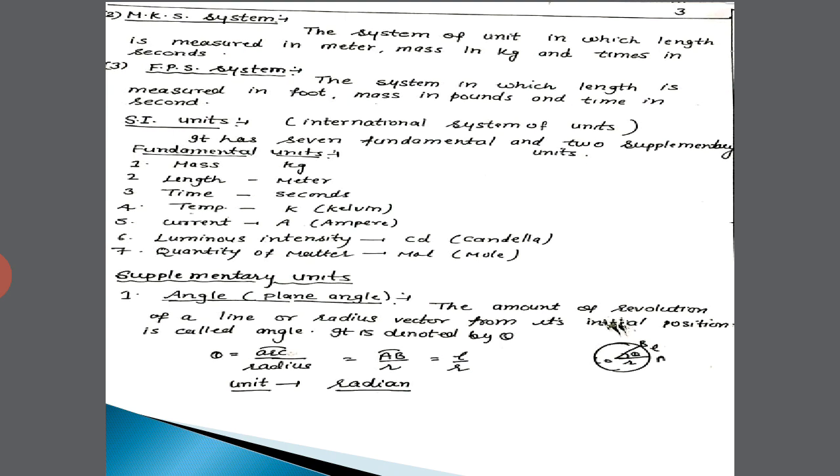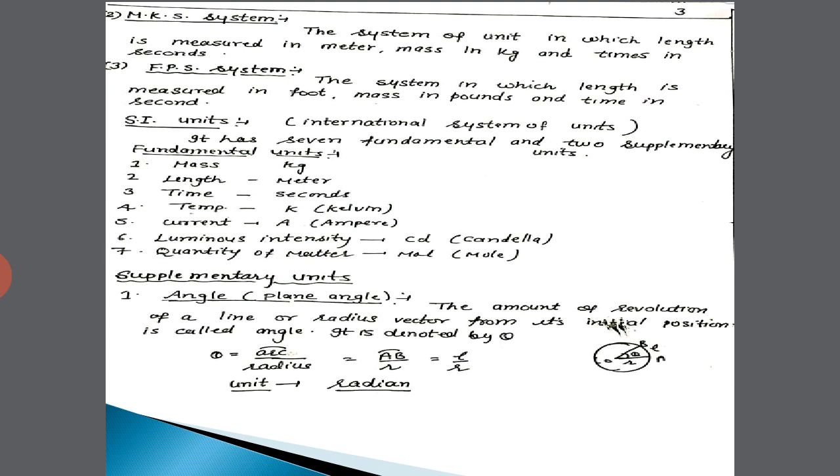Fundamental units: mass, kilogram; length, meter; time, second; temperature, Kelvin; current, ampere; luminous intensity, candela, denoted by cd; and quantity of matter, measured in mole, symbol mol. There are 2 supplementary units, and we will study them.